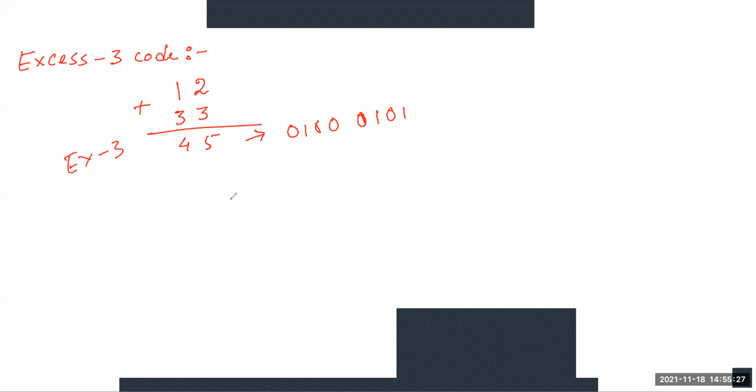Now, you know the BCD code and you know the binary code.